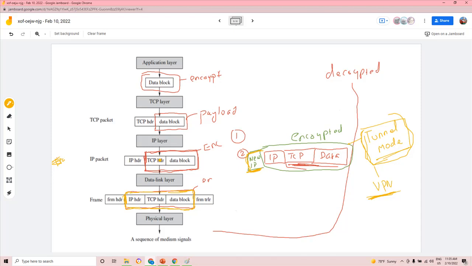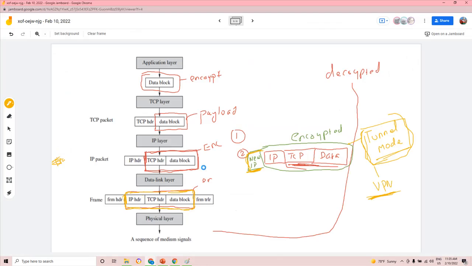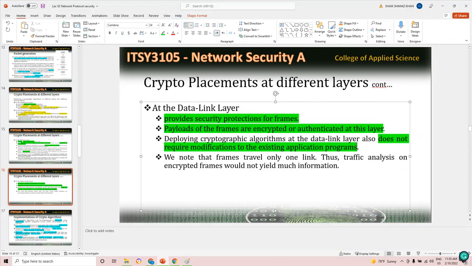It will not affect the application layers or any applications, because we are implementing the security at the data link layer. It provides security protection for frames. The payloads of the frames are encrypted or authenticated, and this does not affect the application programs.